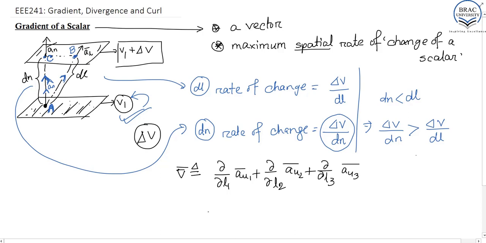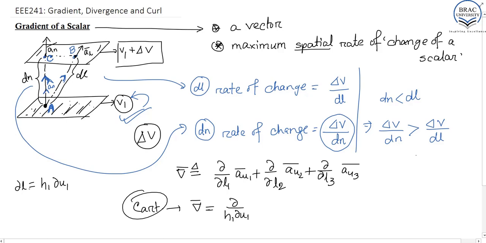so let's say we're talking about the Cartesian coordinate system, then in that case dl1 will be h1 du1. Okay, if you remember correctly, the differential length change associated with each of the axes was denoted as a conversion factor times the differential change of that specific variable.